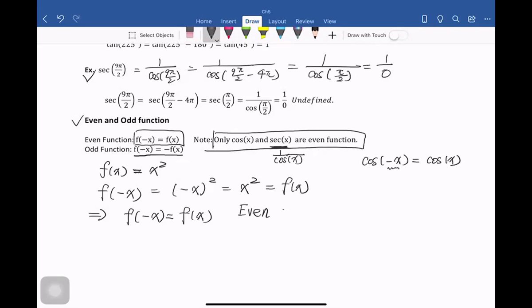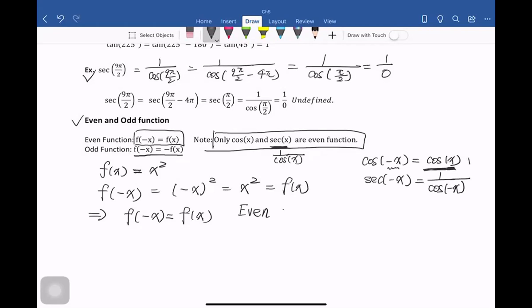Even if I have a negative x here, the result is still cosine x. For secant of negative x, we have learned this is the reciprocal of cosine of negative x.